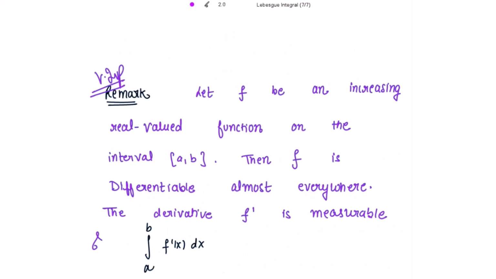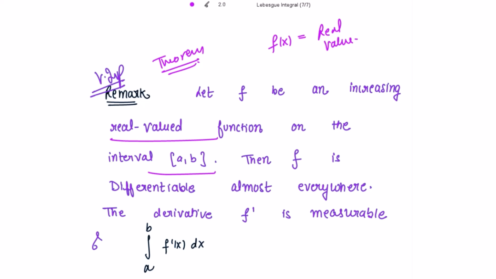You can also take this as your theorem. It is very important. Let f be an increasing real valued function, meaning the function gives a real value in its output, on the closed interval [a,b].